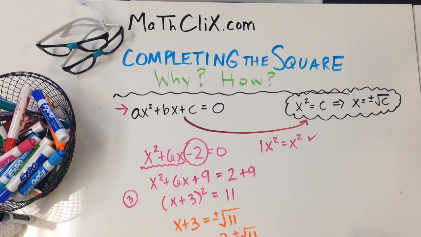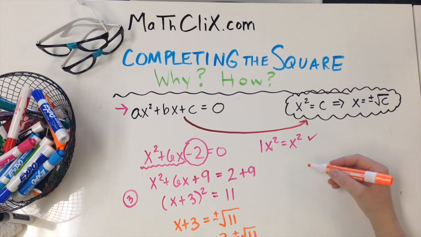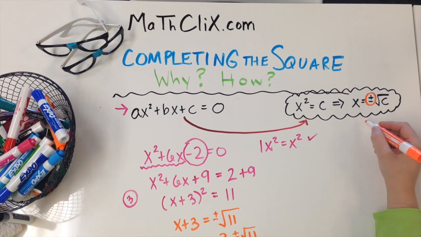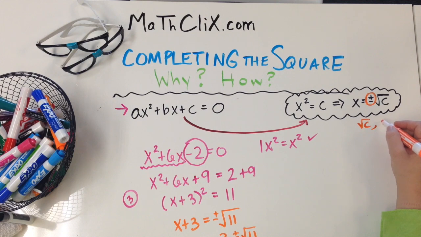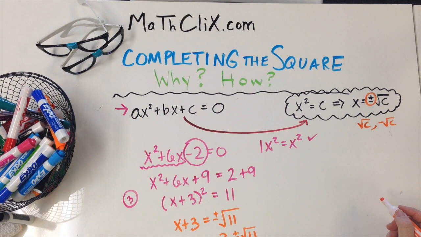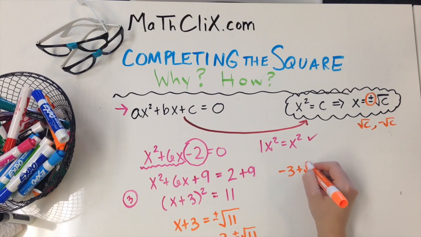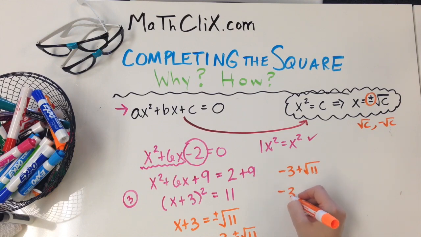Well, some students don't really understand what that means. So this little plus or minus is really just a compact way of writing positive square root of c and minus square root of c. So if we were to pull this apart, you would have the minus and this.